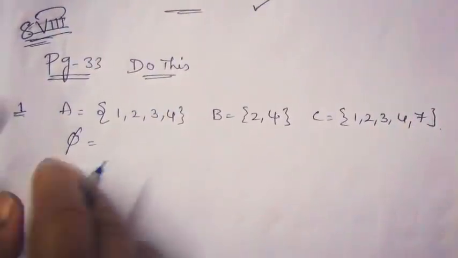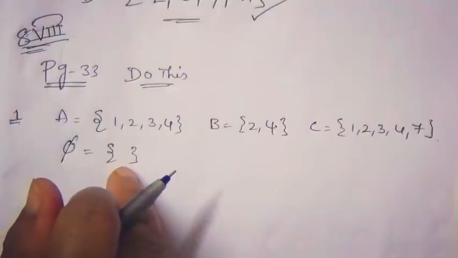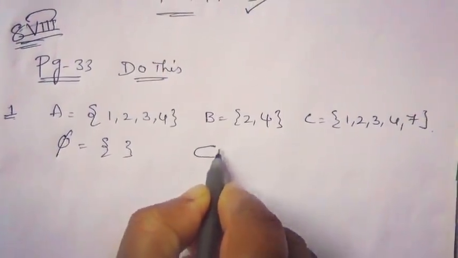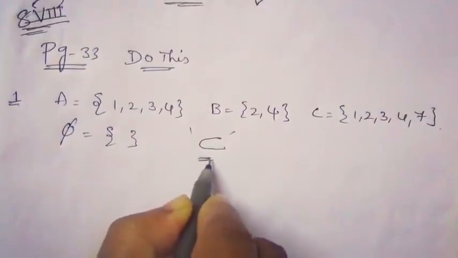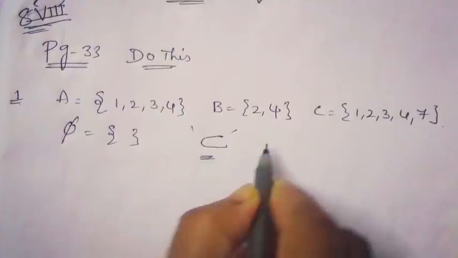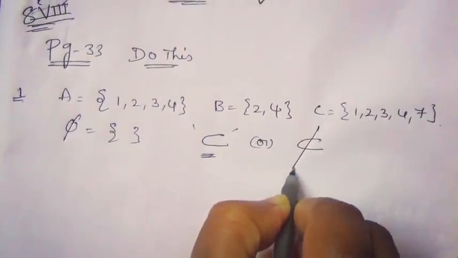We know that it is a null set, so there are no elements in the set. Fill in the blanks using the symbol which is used for subset or not a subset.